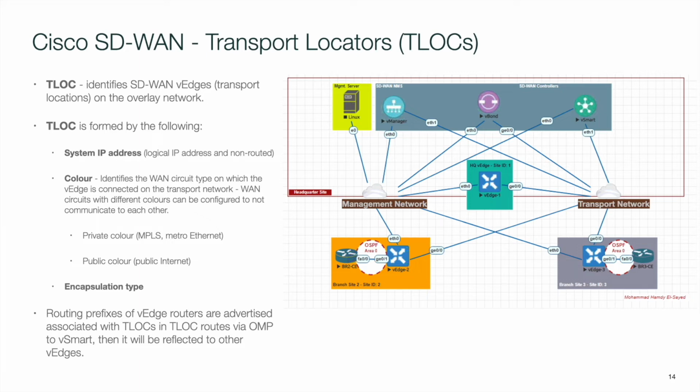TLOC is formed by the following: the system IP address, or the logical IP address of its loopback interface, which is configured locally on each vEdge router; the color, which identifies the WAN circuit type on which the vEdge is connected on the transport network, and it has two types of colors: private color like MPLS or Metro Ethernet, and public color like public internet; and finally the encapsulation type.